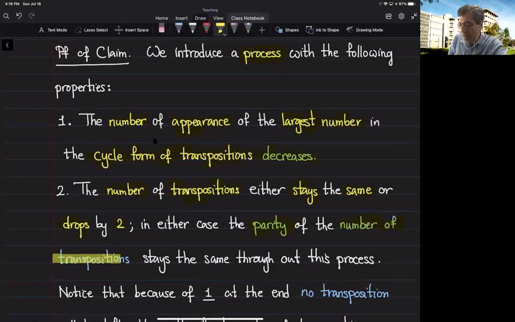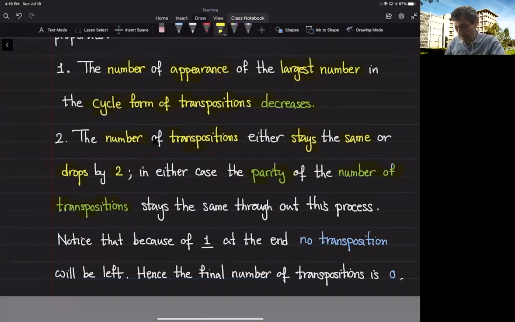So when I reach the terminal stage, because each time I'm decreasing the number of appearances of the largest number, at some point I should get the identity, and therefore at some point I should get 0 transpositions.